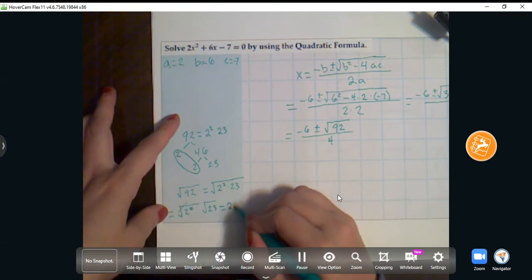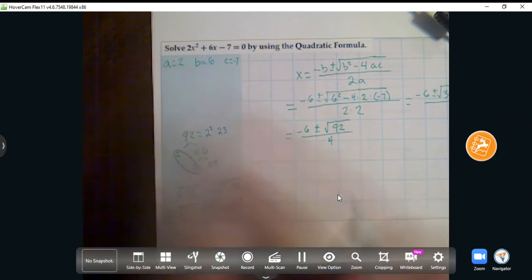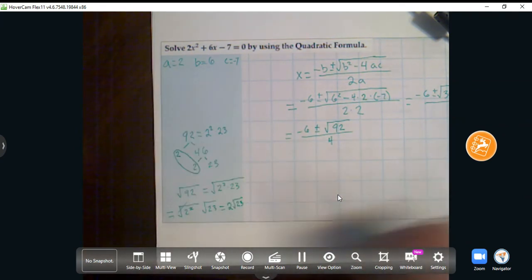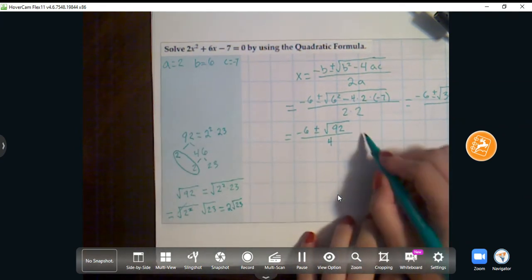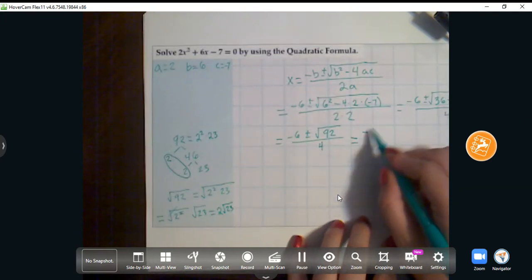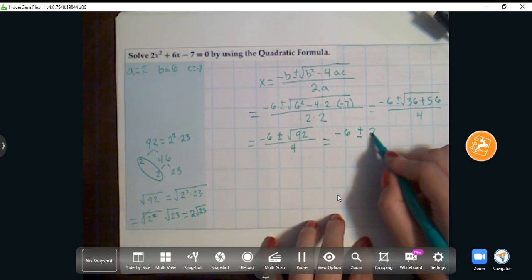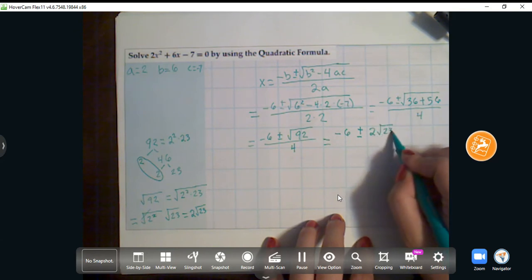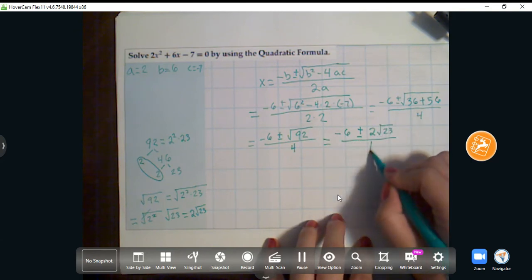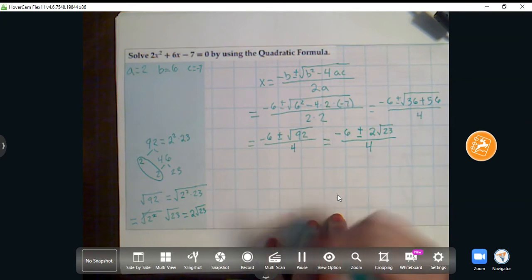So we would just have 2, and then our 23 is left underneath the radical. So since we know that the square root of 92 can be simplified, we're going to rewrite that: plus or minus 2 square roots of 23 divided by 4.